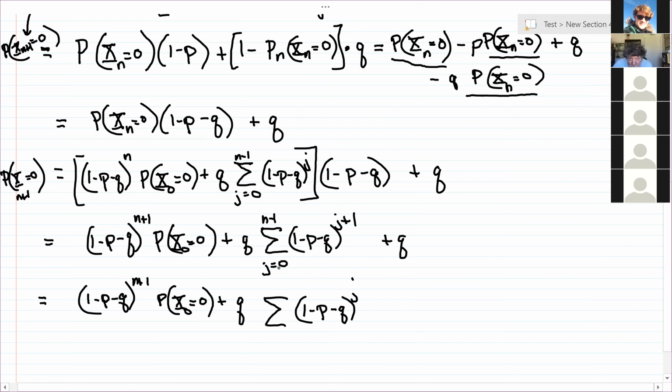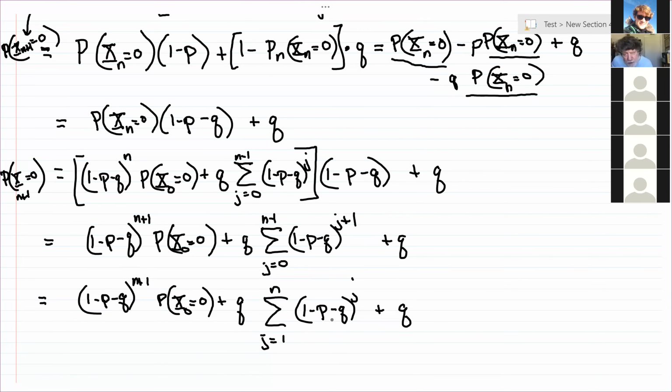And if I make the index on the inside to be 1 more than it was, then I'd be going from 1 to n. And I'm suggesting that if you do that, you still have the same thing. You could check it at time 0. You would have 1 minus p minus q to the first. And at time 1, you'd have the same beginning place. And you can check that, at time n minus 1 here is the same thing you get if you do time n here. So it's not hard to check what I said is true.